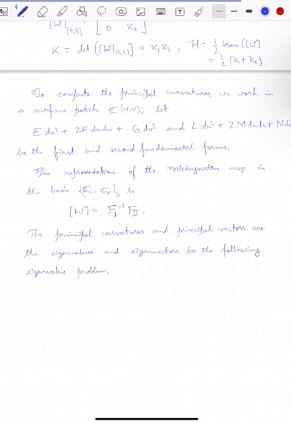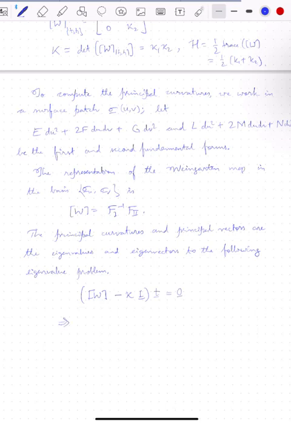The problem goes as: the Weingarten map matrix W minus kappa I, the identity matrix, times some T vector is equal to 0, right?